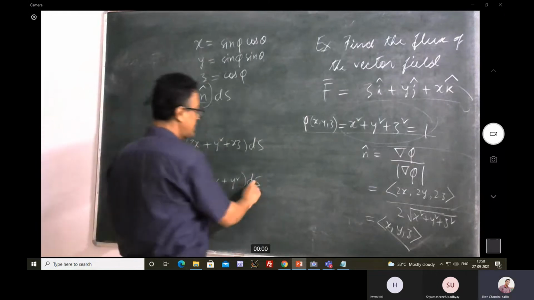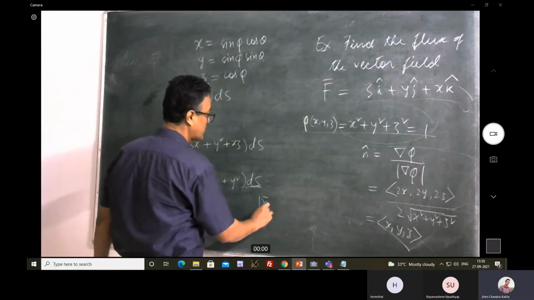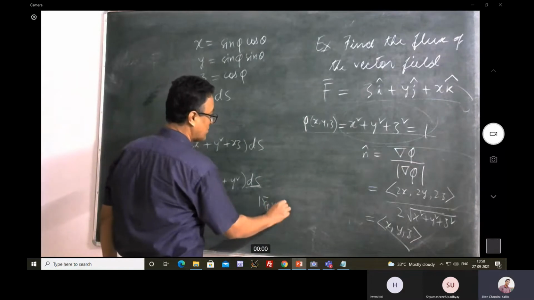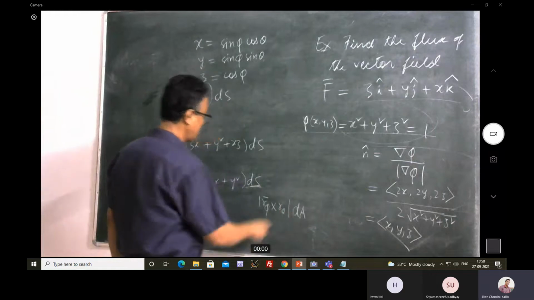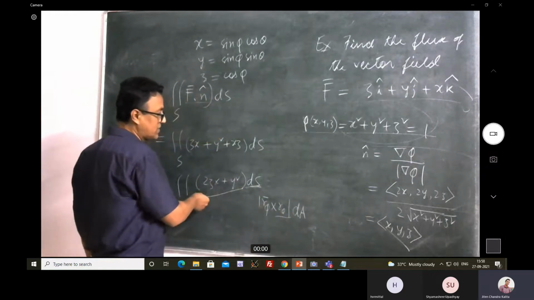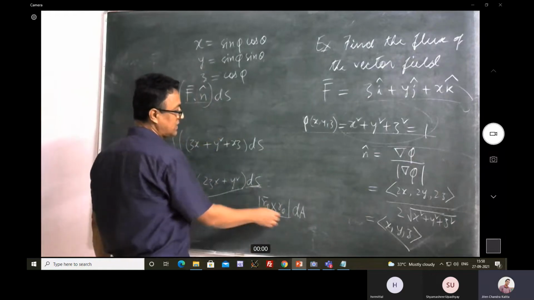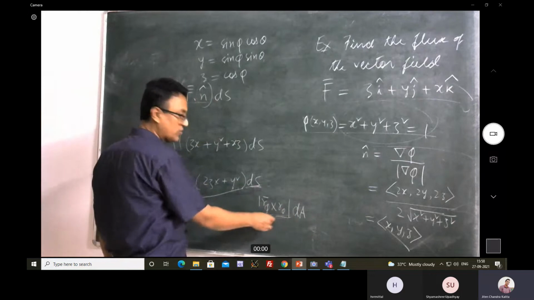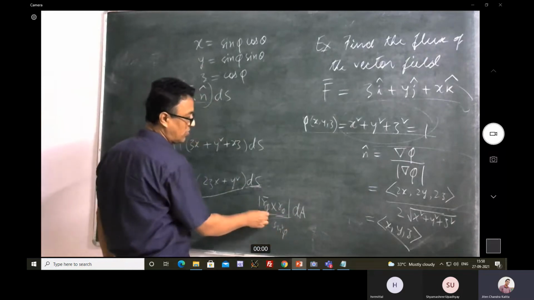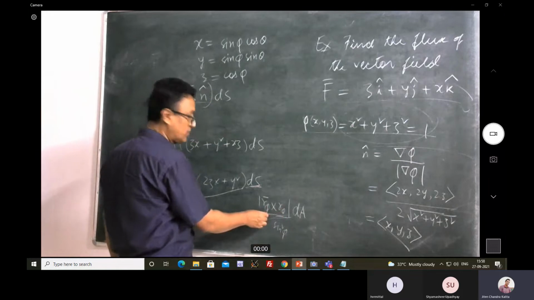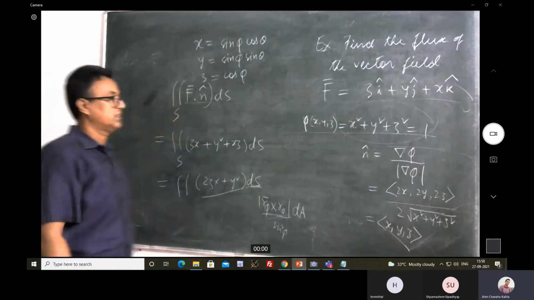Because ds is simply going to be your r phi cross r theta dA, right? So then you evaluate this, and you know this value also, it is going to be simply sine square phi, I guess, for this. Okay, and then you perform the integration.